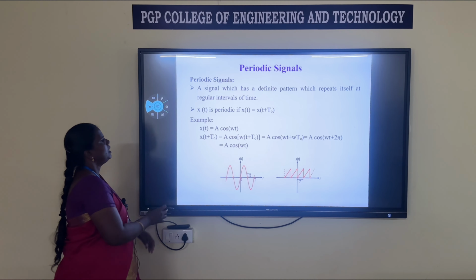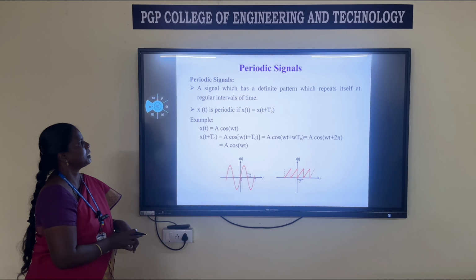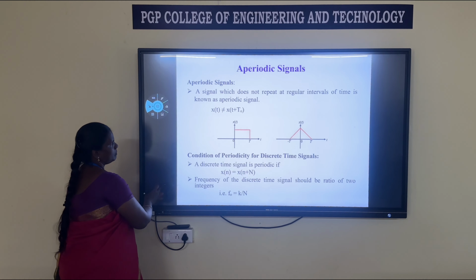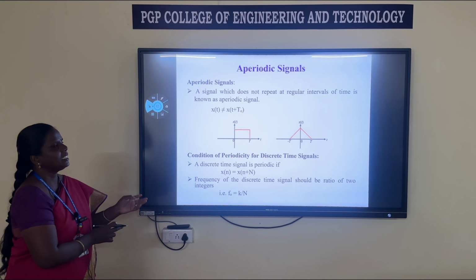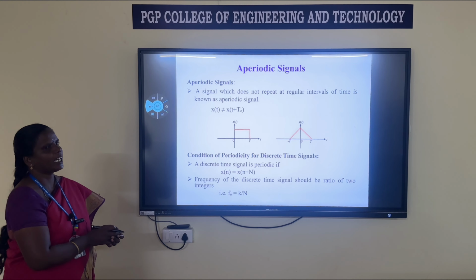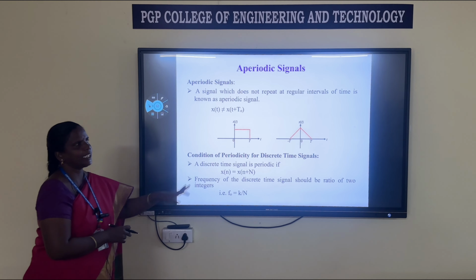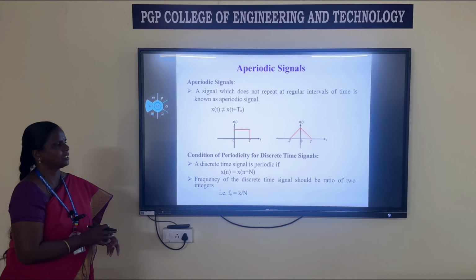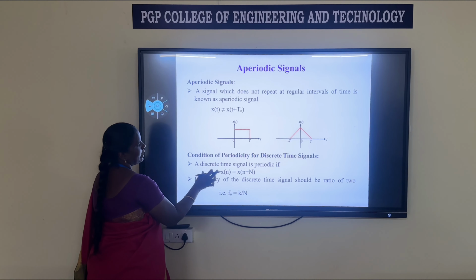For example, x of t is equal to A cos omega naught t is a periodic signal. If the condition is not satisfied, the signal is called an aperiodic or non-periodic signal. Here the signal does not repeat after certain intervals. This is the condition for a discrete time signal.